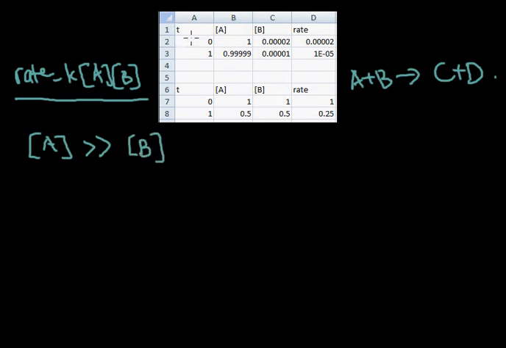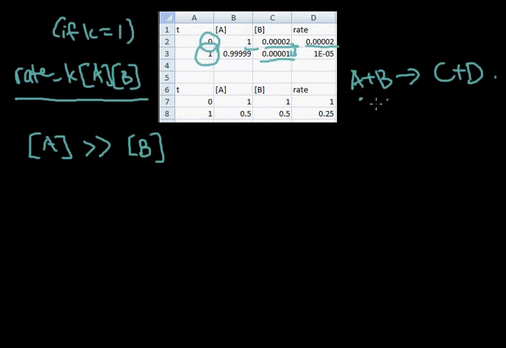If we look at the table here, let's say T equals 0, the concentration of A is 1, but the concentration of B is 0.00002, right? So the rate, assuming K is 1, is actually 0.00002. I'm just giving an arbitrary number, just for the sake of explaining. But when T equals 1, suppose that B decreases by half, so it decreases by 0.00001. What happens to A? A decreases also by the same amount, right?